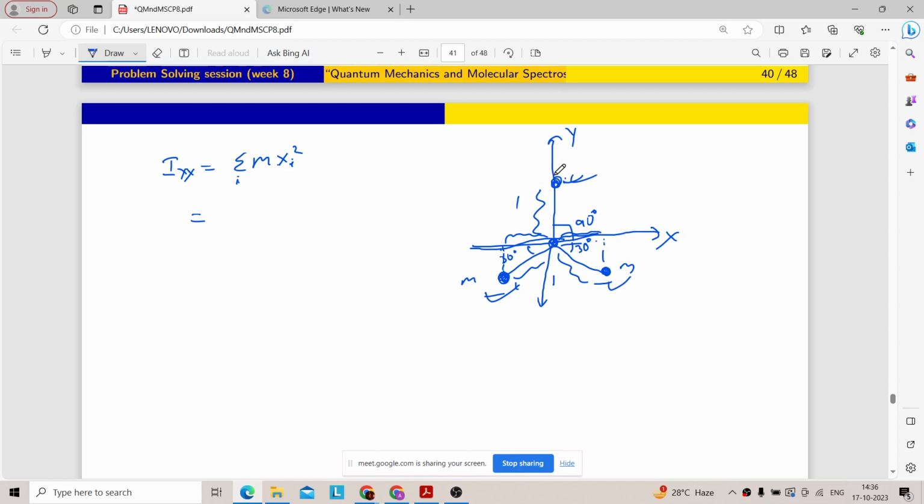I can write m times 1 squared, and from these two it will come as 2 times m times sine 30 degrees squared. As the distance is 1, it's 1 squared. This gives m plus 2m times sine 30 squared.